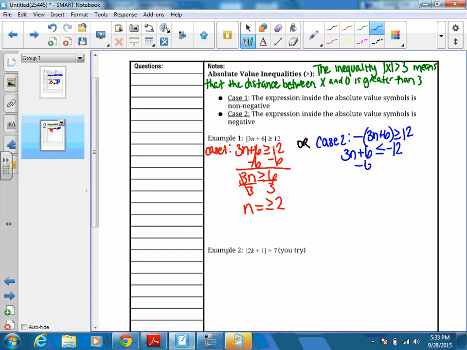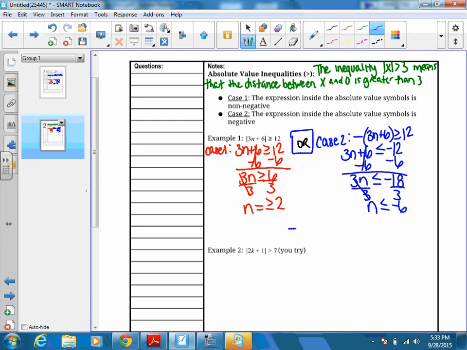Now solving this, I subtract 6 on both sides, and then I have 3n is less than or equal to -18. To finish this up, I divide both sides by 3, and I'm left with n is less than or equal to -6. If you notice in this problem, we wrote or instead of and.